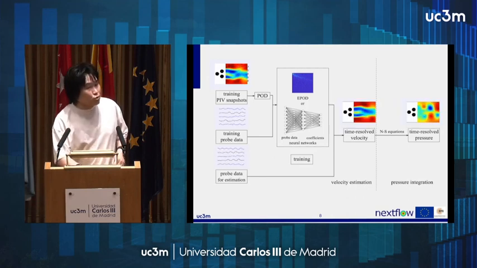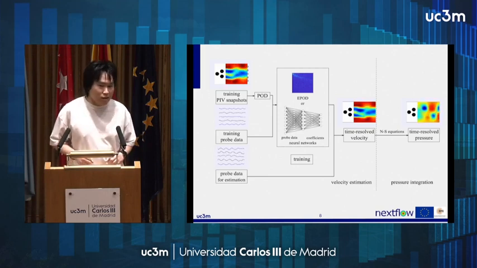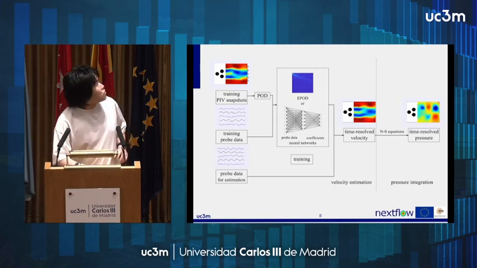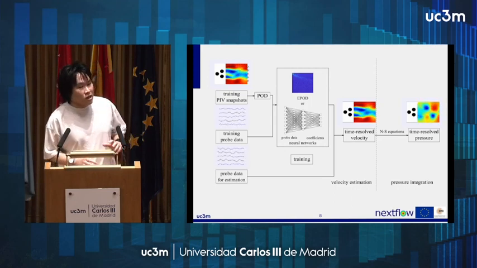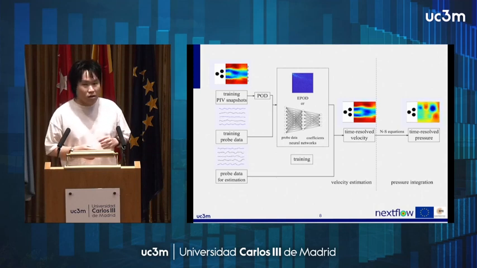Here is a sketch of the data-driven measurement. We combine the snapshots of the flow field and probe data. We use neural networks or EPOD to fit the relationship between the snapshots of the flow field and the probe data.